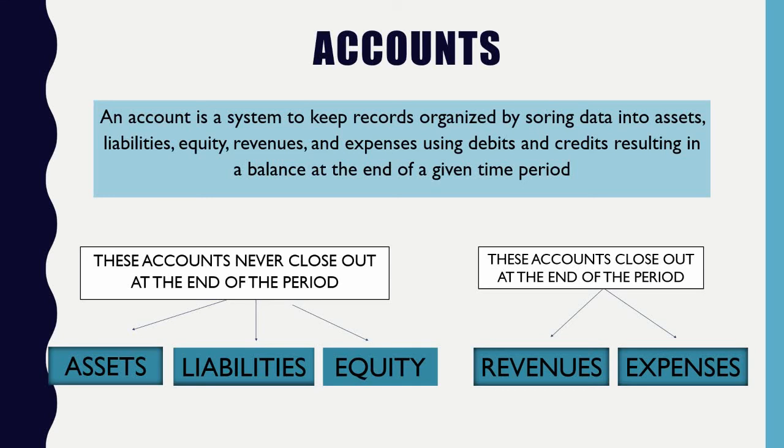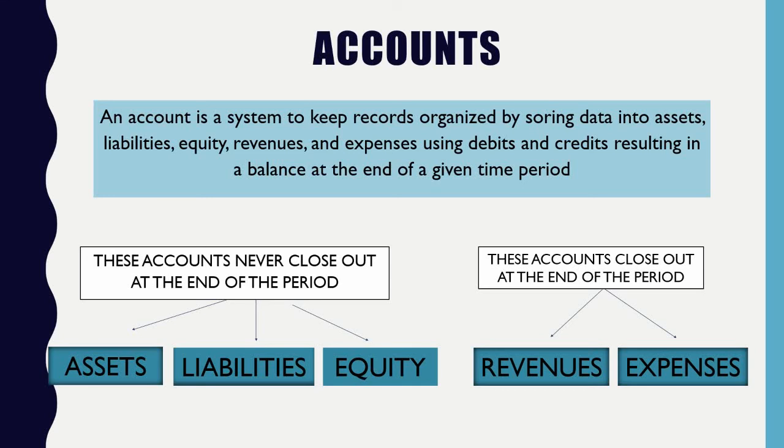Now, what I want you guys to take away from here is that the first 3, which are your assets, liabilities, and equity, are your permanent accounts. They never close at the end of a given period. For example, your bank account or a bank loan.